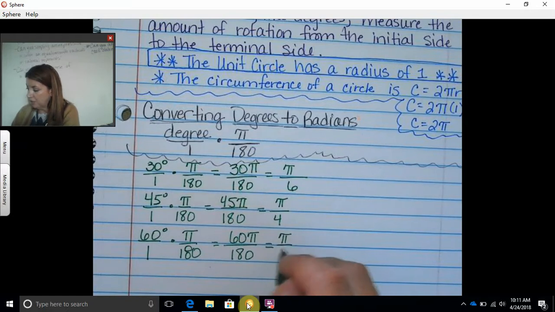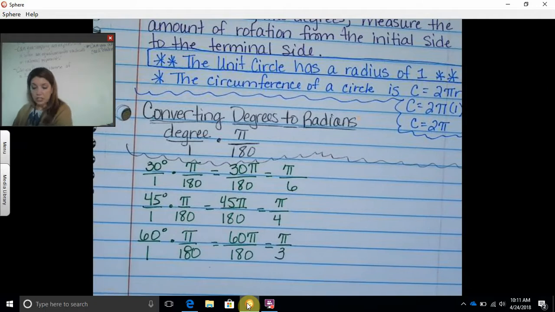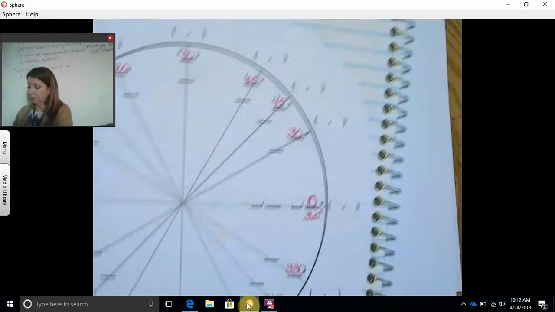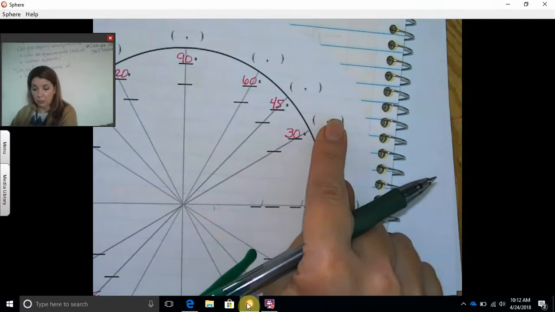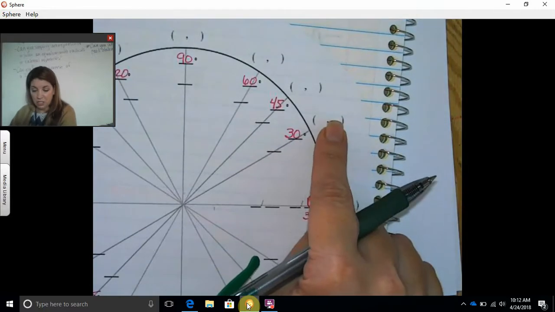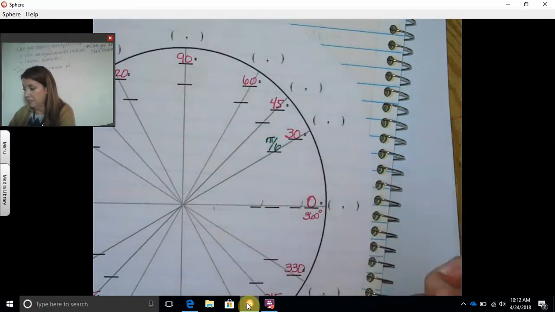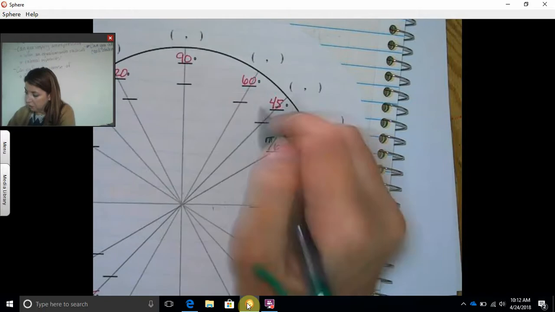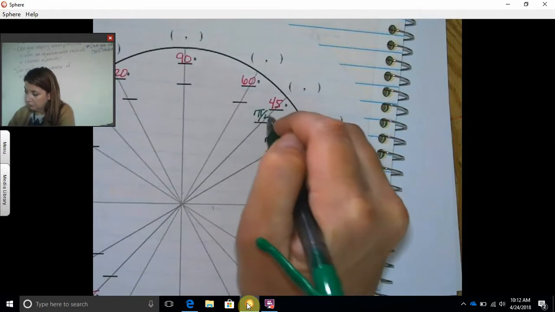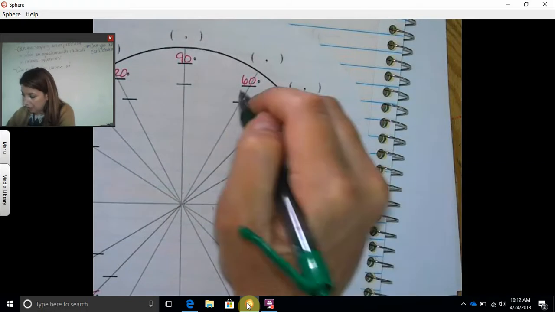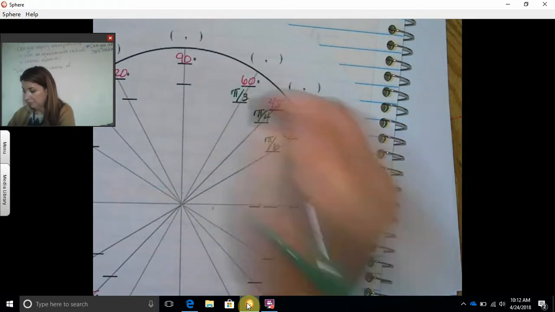So pi thirds. So let's go ahead and put this on our unit circle. Don't put it in the ordered pair part. We're going to find that later. So 30 degrees is equivalent to pi over 6 radians. 45 degrees is pi over 4 radians. And 60 degrees is pi thirds radians.